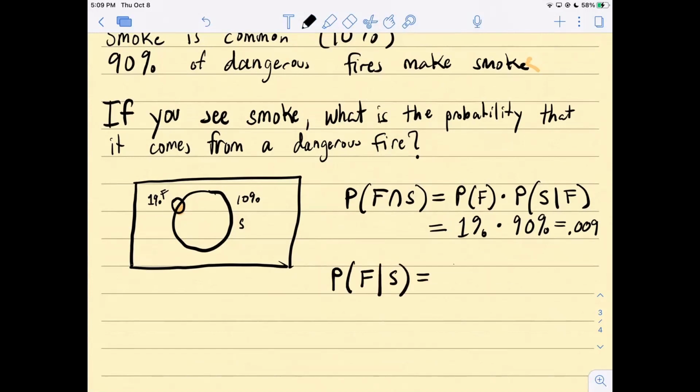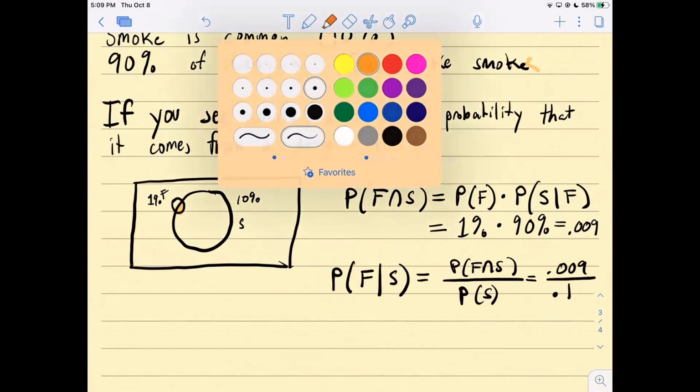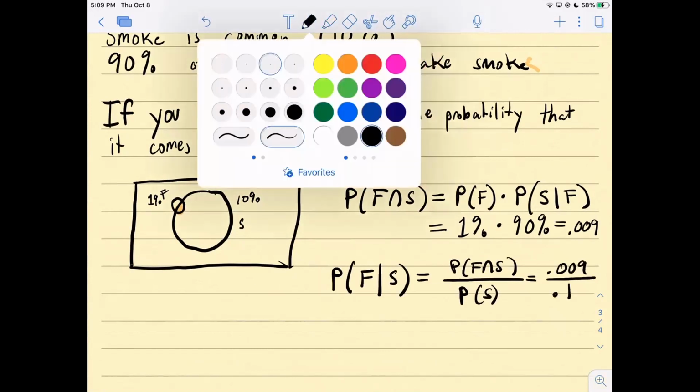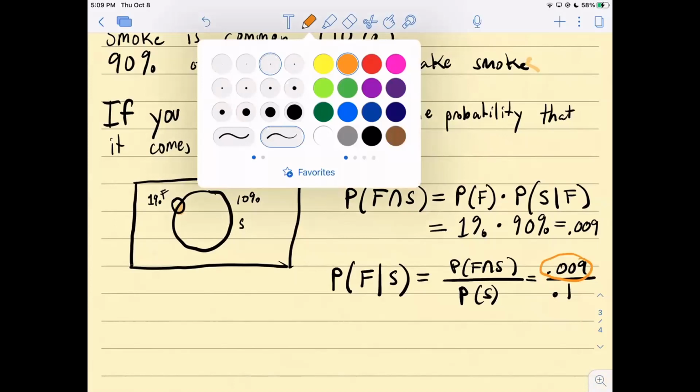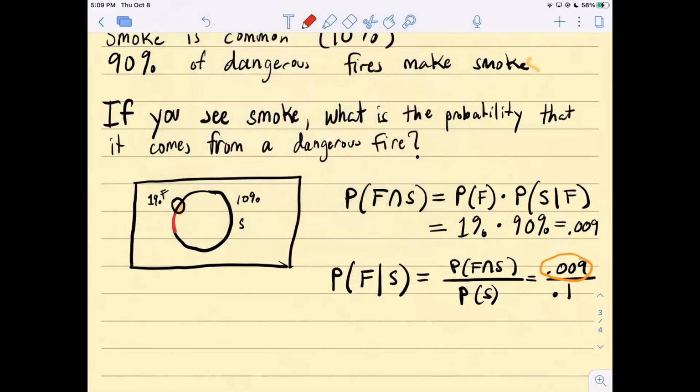We know that this is probability of fire and smoke divided by probability of smoke. This is 0.009 divided by 0.1. So I'm just going to highlight it here. This is orange. I'm going to make this one here orange. And then this would be red.